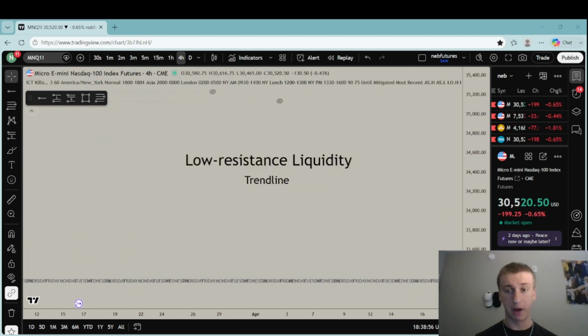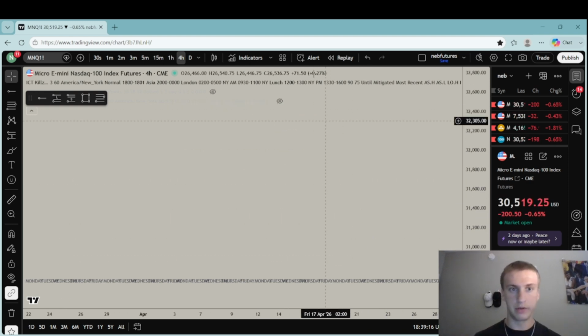The next concept I want to talk about is low resistance liquidity, also known as trendline liquidity. They can be used interchangeably. This is basically, if you see a straight line, a trend line, price is going to want to take out all of those resting highs or lows, whatever it looks like, and I'll show you an example right now.